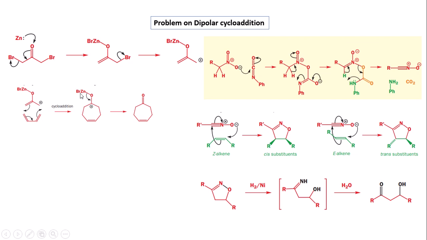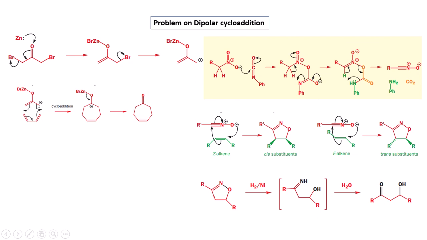Next is another dipolar cycloaddition, by the elimination of bromide using zinc. Here the zinc has affinity to bromide and produces an allylic carbocation, and then this allylic carbocation undergoes a 4+2 cycloaddition reaction.